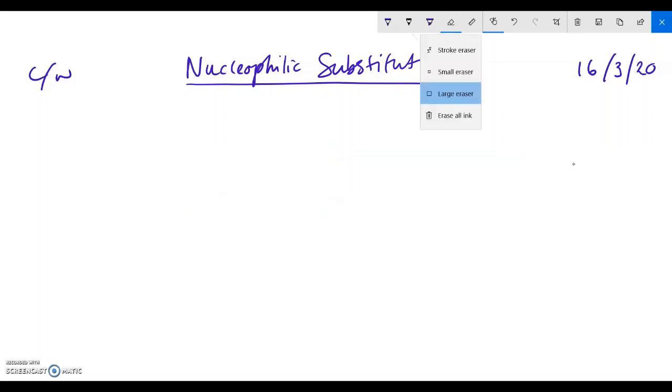Now, in this case, I'm going to represent the halogen atom itself as an X. This is done standardly within organic chemistry, so do look out for that notation in future.